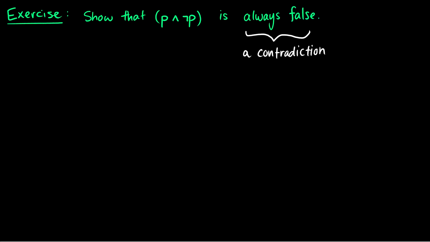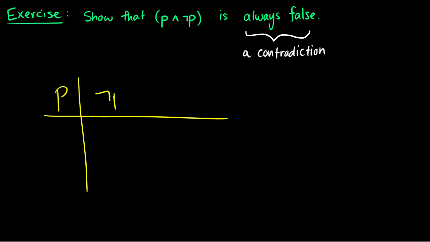Finally, I want to show that P and not P is always false, otherwise known as a contradiction. So I can do the same thing as before. Of course, what is the truth table going to look like for P and not P if it's always false? Well, it means that every single thing is going to output a 0. So once again, we can build the truth table really quick.